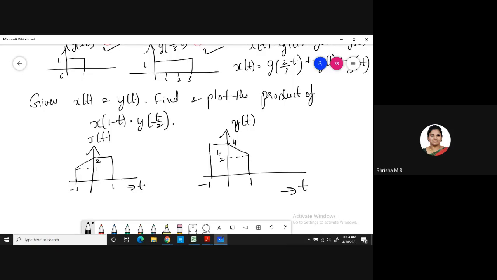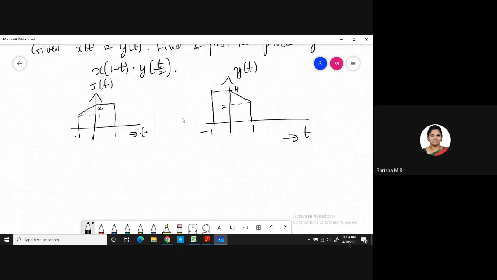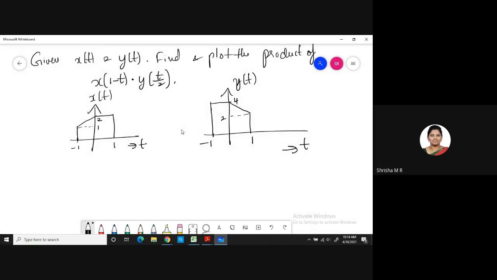Yes, guys. So first step, what will we do? What is the first step? We'll try to plot x of 1 minus t. To plot x of 1 minus t, what should we plot first? t plus 1. Yes, okay. So we'll plot x of t plus 1.